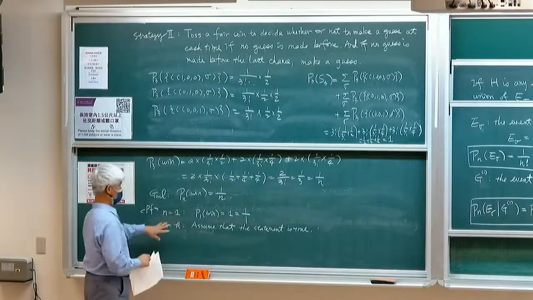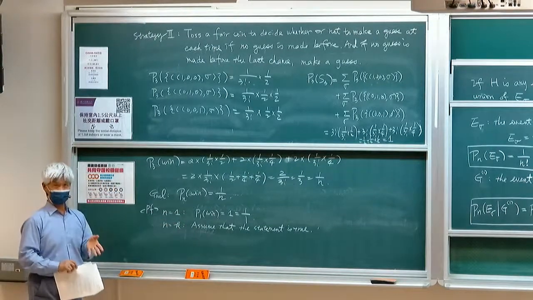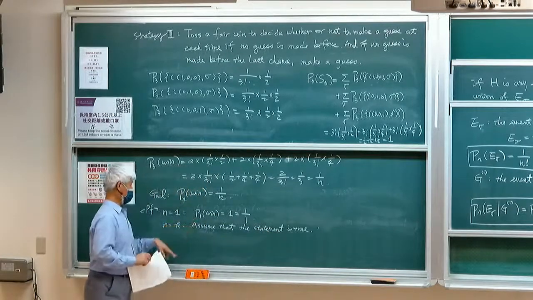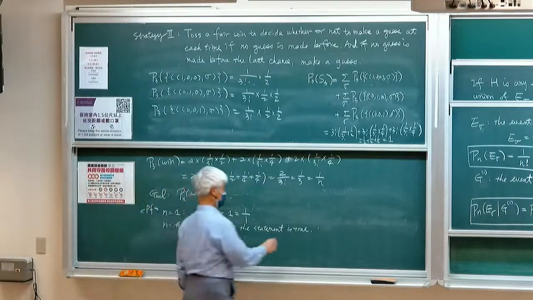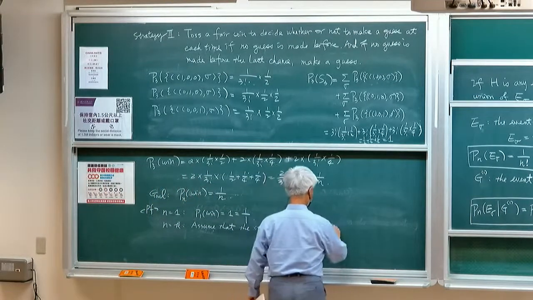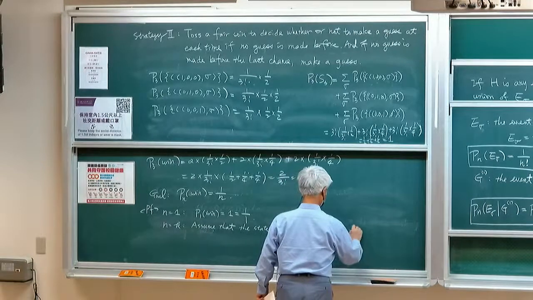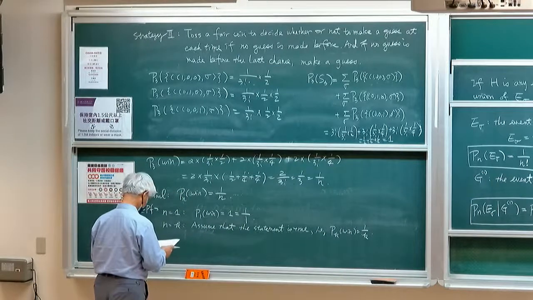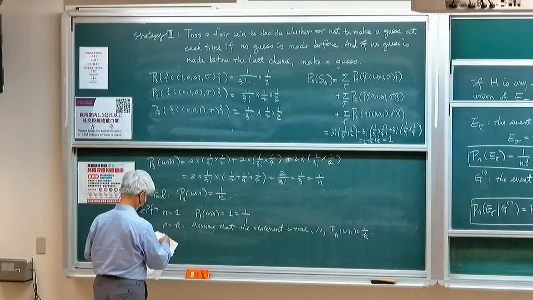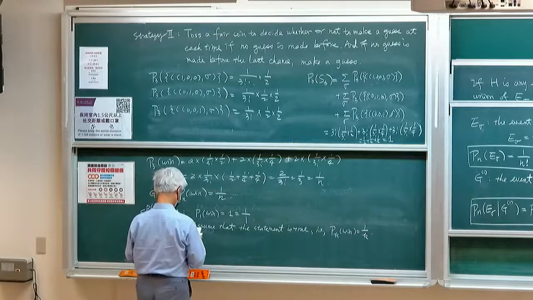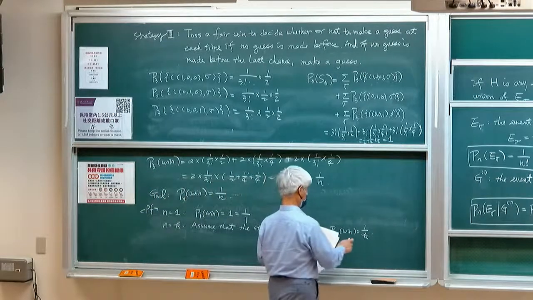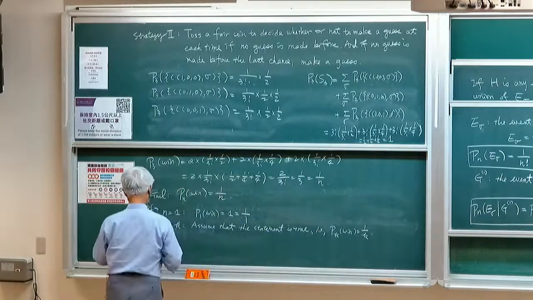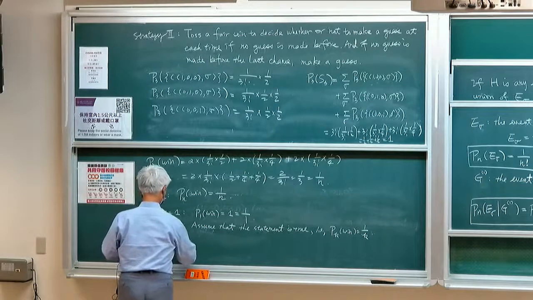It means that if we have a deck of k cards, then the winning probability is 1 over k. Okay. Now, we let n equal to k plus 1.